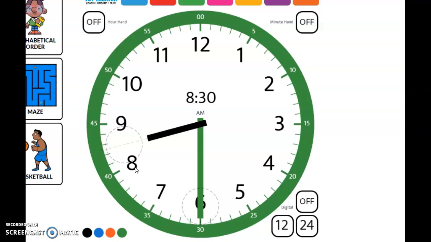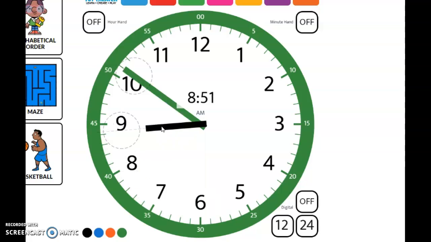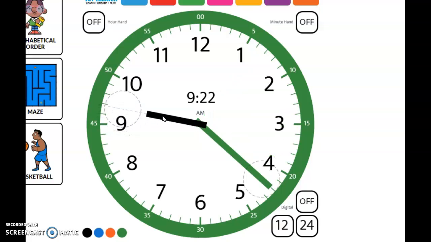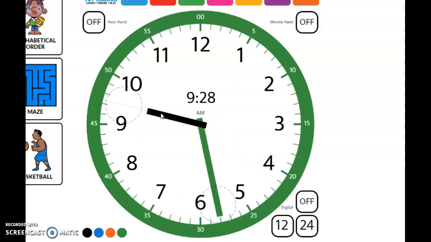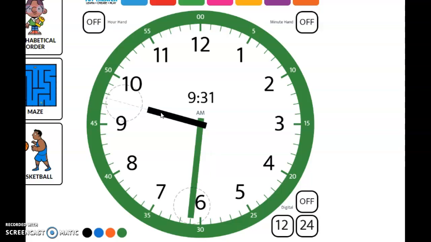Let's look at what half past 9 looks like. So let me move the clock. Oh, let me go back a little. Sorry guys, my mouse is going a little crazy. Okay, there we go. 9:30. It is half past 9. Let's do one more. Let's see what half past 11 looks like.